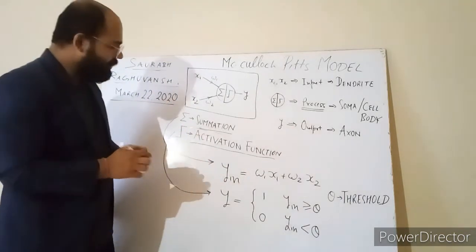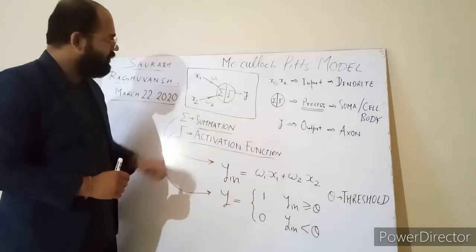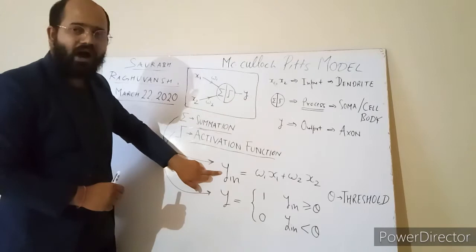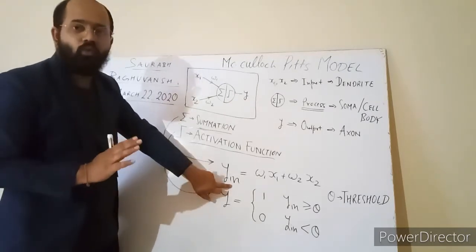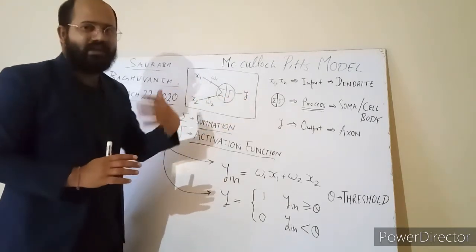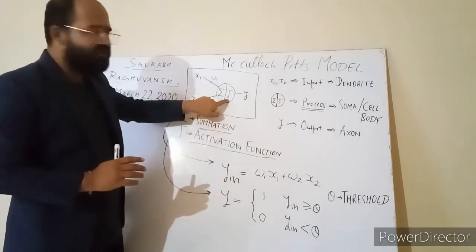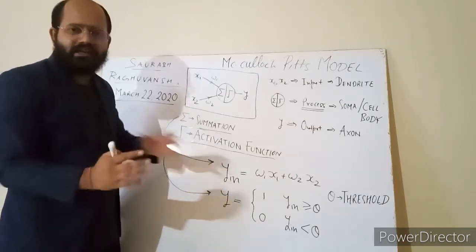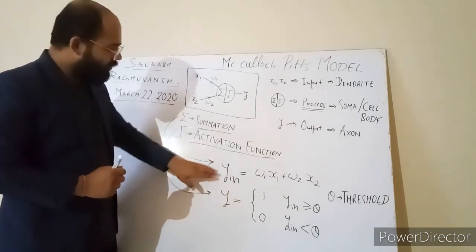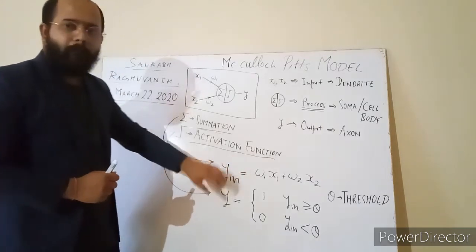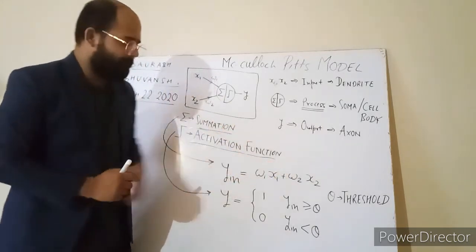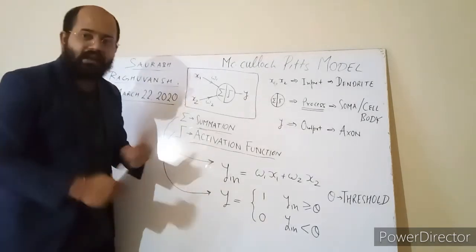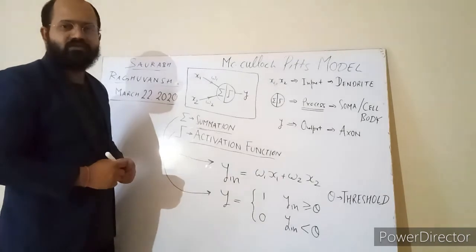Now remember, a very important thing: the y we have at the output is not the y in. The y is what we get exactly at the output after the activation function. So y in is an intermediate variable, which we get only after multiplying the inputs with the weights and adding them. Once we get y in, it is applied to the activation function.